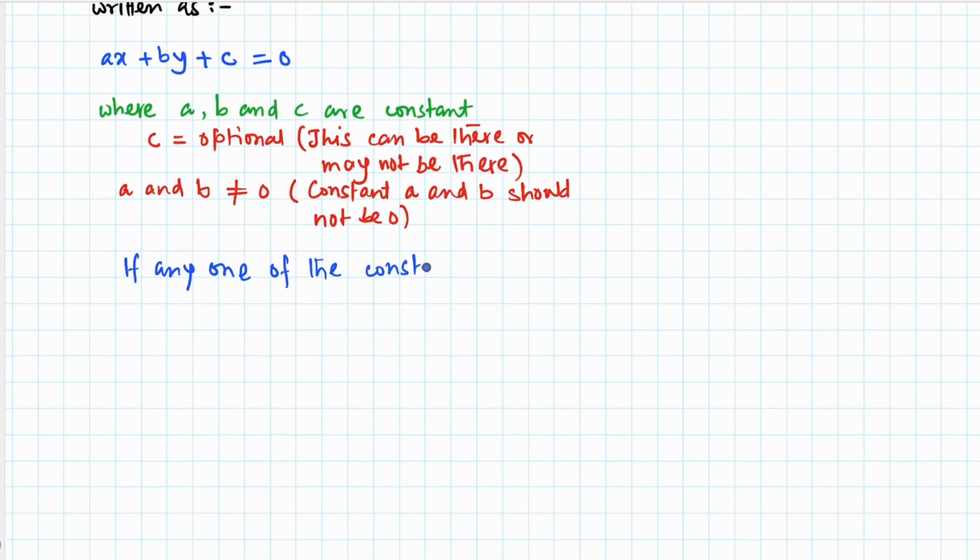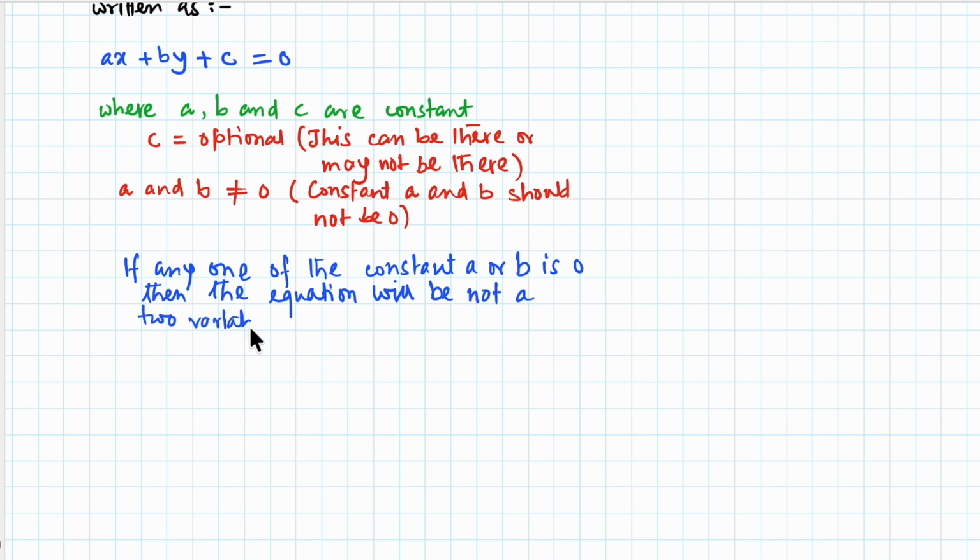So a and b should not be equal to 0, and if any one of the constants a or b is 0, then the equation will not be a two variable equation. It is a simple linear equation.